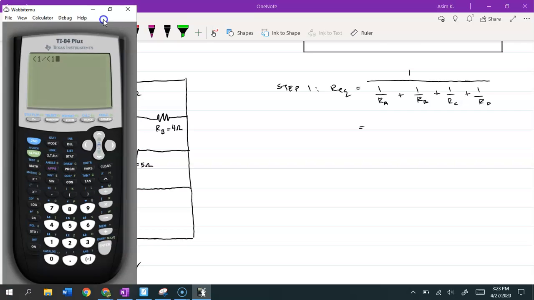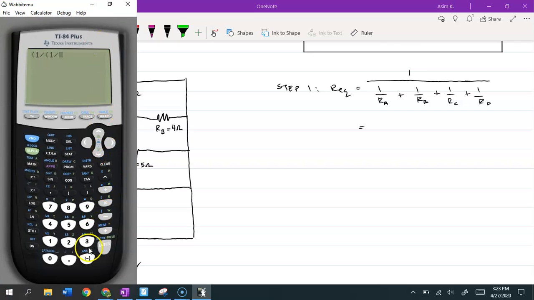So I'm just going to go ahead and put those in. So 1 divided by 2 plus 1 divided by 4 plus 1 divided by 5 plus 1 divided by 7, like that. So notice how I had opened a parenthesis all the way at the beginning, so I want to make sure that I close that parenthesis as well, even though it looks like it wasn't that necessary. So there you go.